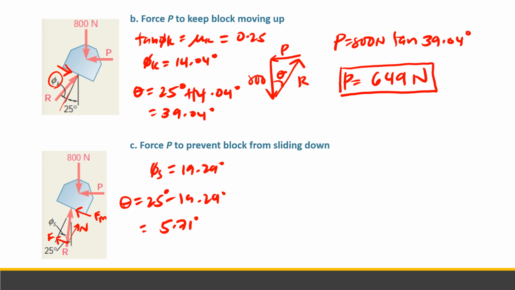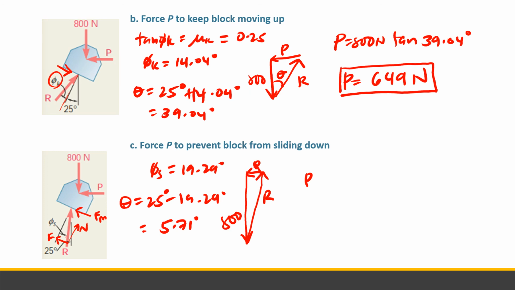Okay, if we use a force triangle, let's make it a bit bigger, because it is getting small. So this is the 800, then our P, and then the resultant.